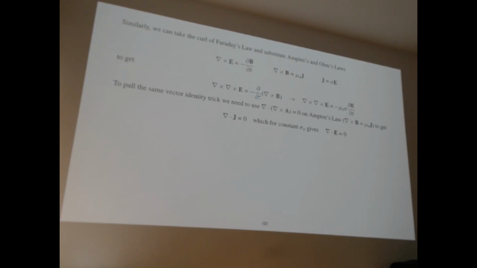Okay, and I can substitute Faraday's law into the curl of Ohm and Ampere's law. And I get this curl equation again. But before I can do the vector identity trick, I need the equivalent of the no monopoles law for conductivity, and that doesn't exist.